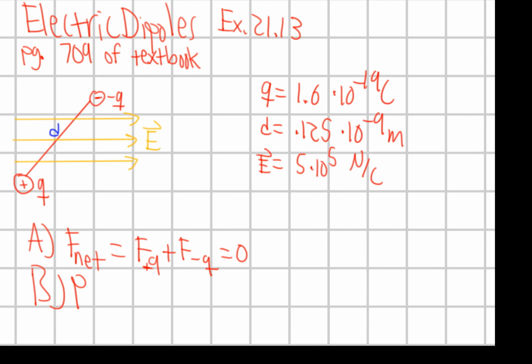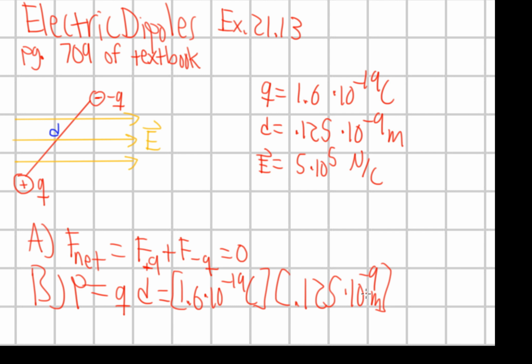Now, when we're looking at the magnitude, we are going to take one of the charges, and we are going to multiply it by the distance between the two charges. So P is equal to Q times D, which in this case is equal to 1.6 times 10 to the negative 19 coulombs times 0.125 times 10 to the negative 9 meters.